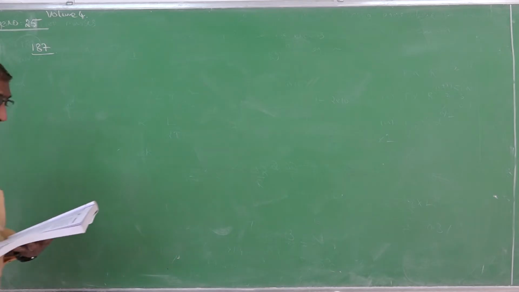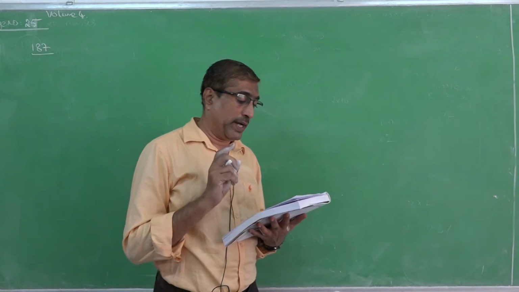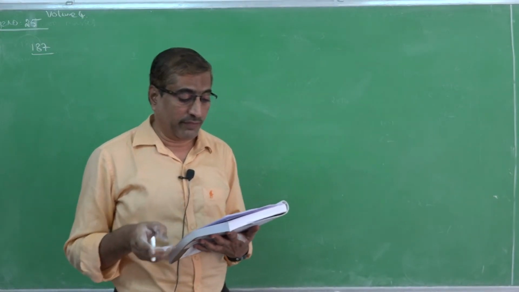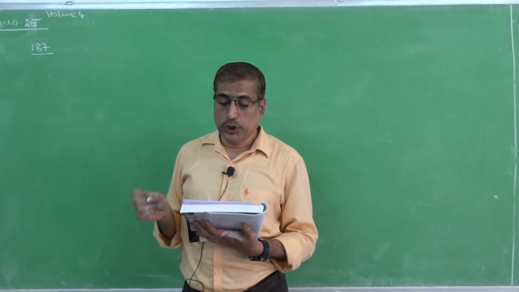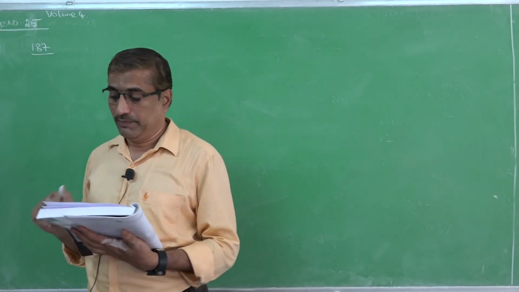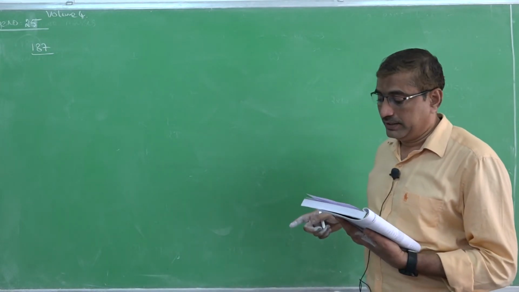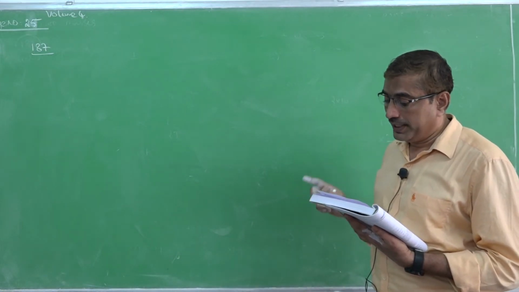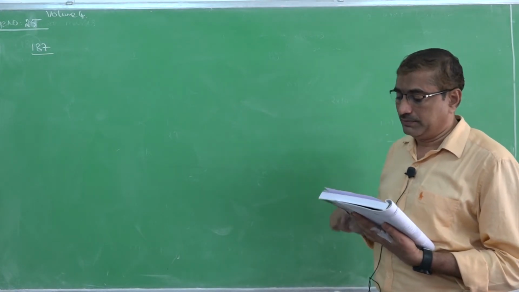A rod of length 20 centimeter is made of metal A. It expands by 0.075 centimeter when its temperature is raised from 0 degrees to 100 degrees centigrade. Another rod of different metal B having the same length expands by 0.045 centimeter for the same change in temperature.